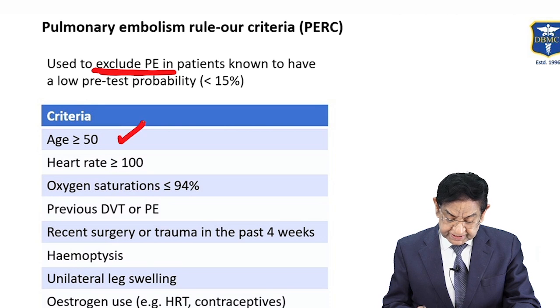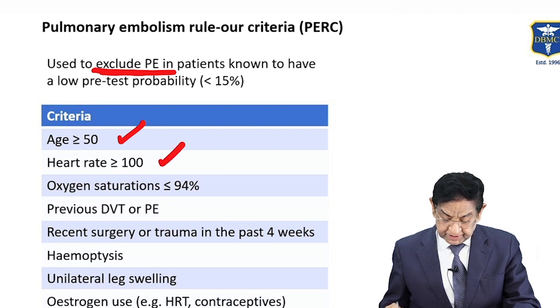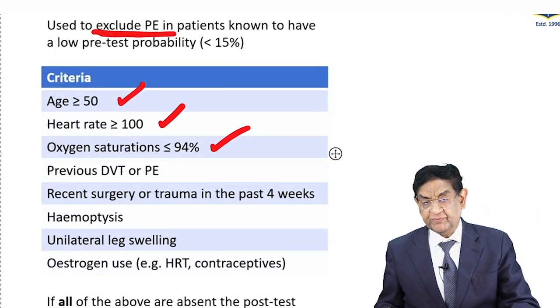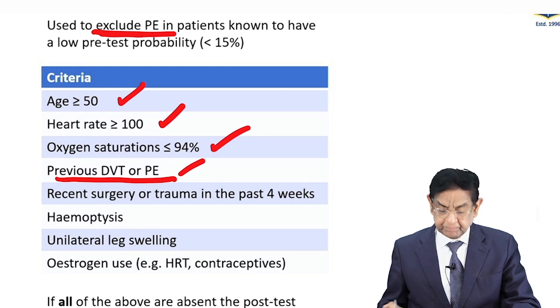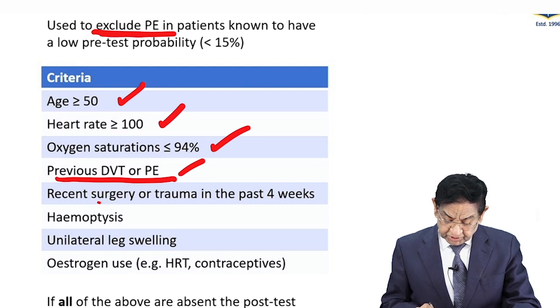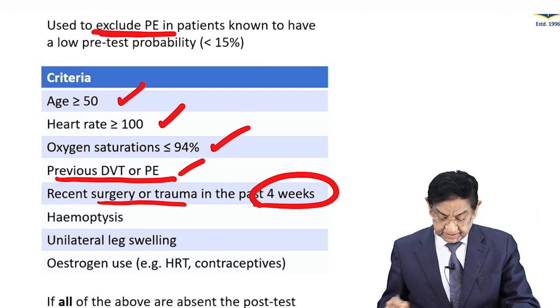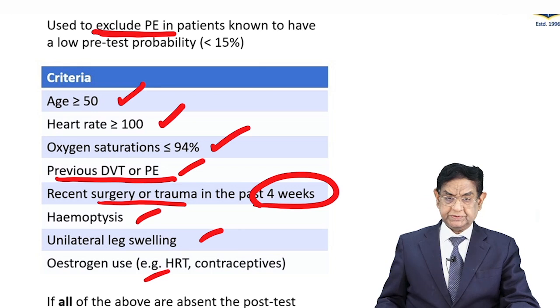Criteria are age above 50 years, heart rate more than 100, saturation less than 94, previous deep vein thrombosis or pulmonary embolism, recent surgery or trauma in the last 4 weeks, hemoptysis, unilateral leg swelling, and estrogen use.